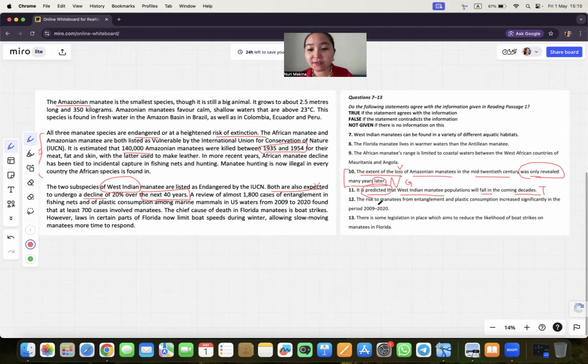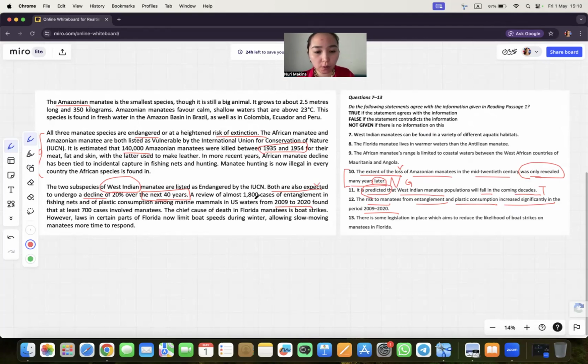Next, 12. The risk to manatees from entanglement and plastic consumption increased significantly in the period. Okay, I love numbers. We're going to highlight that. The risk, entanglement, the plastic consumption increased significantly. So let's find out these numbers. We already see these numbers here. So let's keep reading.